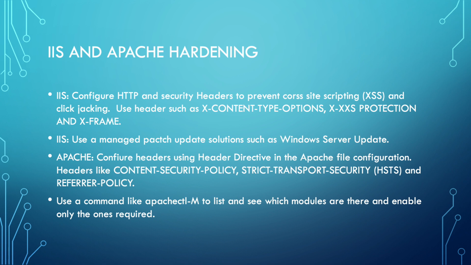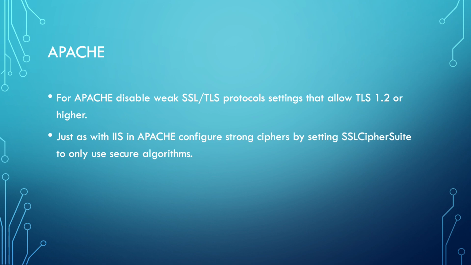Now, you can use a command for Apache, such as apachectl -M to see what modules you have enabled, and that way you can get a better idea of which ones you want to take away from Apache or add to. Now, for Apache, of course, like I said, disable the weak SSL and TLS protocols. And always use strong ciphers, and again, use SSLCipherSuite.